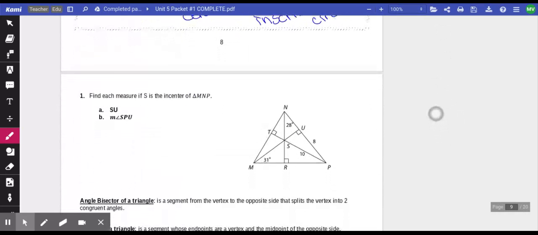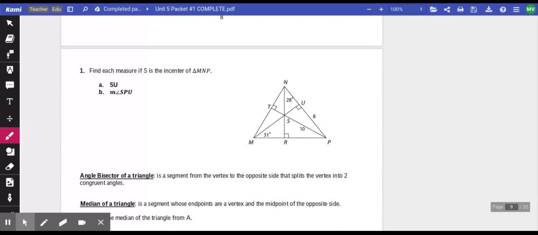So find each measure if S is the incenter. We need to remember that the incenter is where the angle bisectors intersect. So that means that each angle here is equal to the other side, 31, 31, 28, 28. And then to find this angle, we're going to use the triangle.